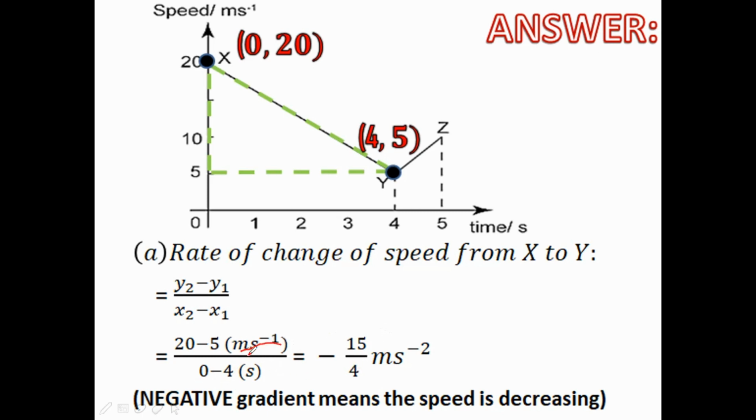As for the unit, the unit for speed given is meter per second and the unit of time is second. Therefore, the unit of this gradient is meter per second per second. So you have a negative here. A negative gradient means the speed is decreasing. Therefore, from X to Y, the car is decelerating.